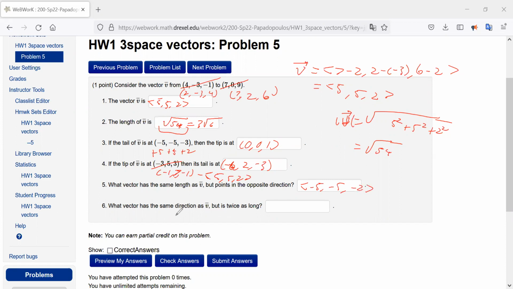And the vector that has the same direction but is twice as long, I'm just taking this and multiplying by 2. So that's going to be 10, 10, 4. And if you want, you can check that if you multiply this by 2, then the magnitude also just scales by 2. That should be pretty easy to check using the distance formula definition.